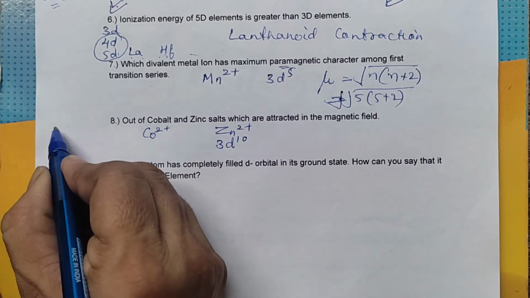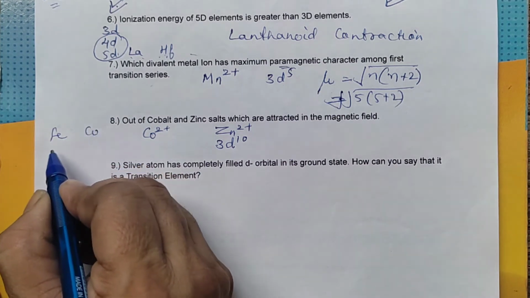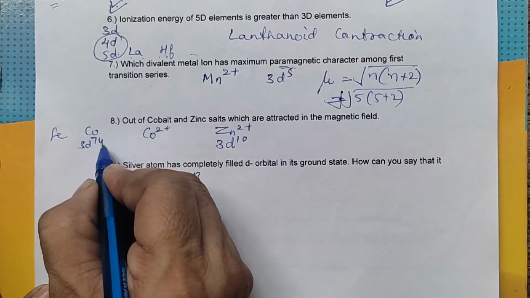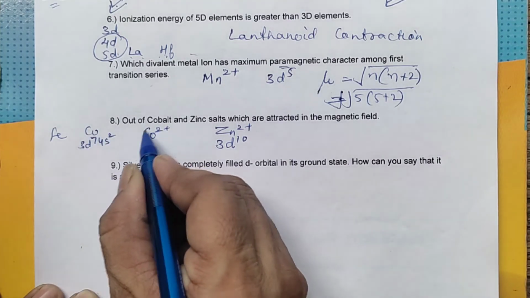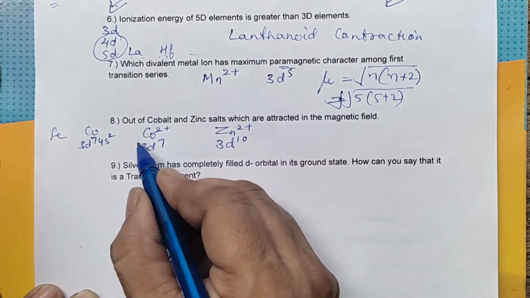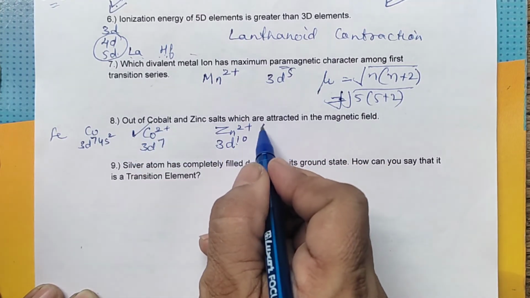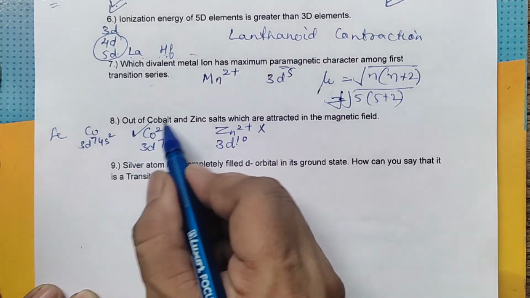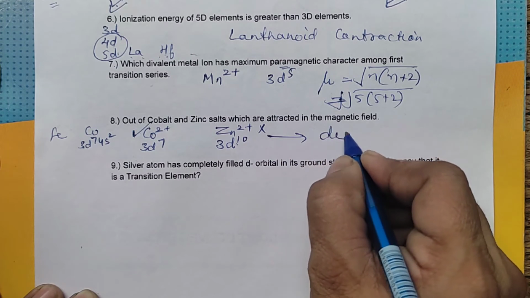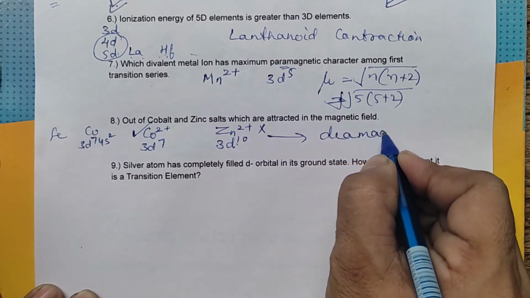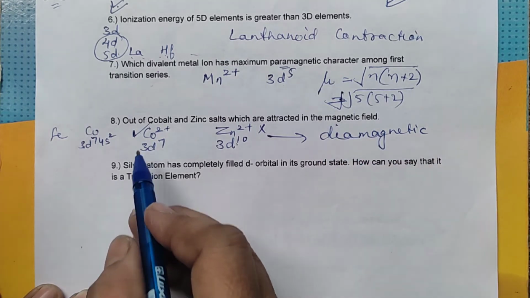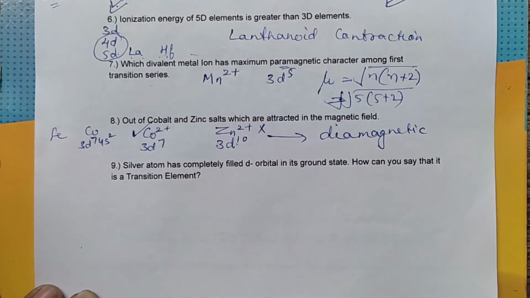Iron is 3d6, then cobalt is 3d7, 4s2. That means Co2+ would be 3d7. So which has unpaired electrons? This one, and it will be attracted toward the magnetic field. Zinc has paired electrons, so zinc would be diamagnetic. It will be repelled when placed in the magnetic field, while cobalt will be attracted.